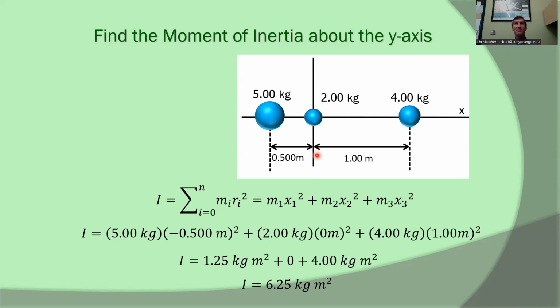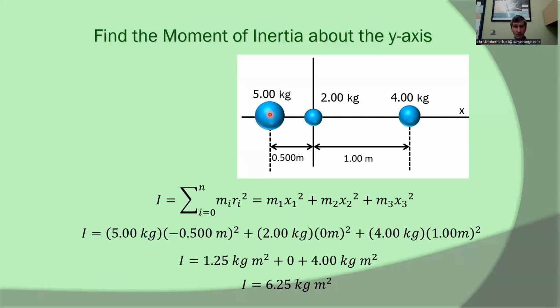Rotating objects like to rotate around the axis which has the lowest moment of inertia, because if I move that axis a little bit away, it's going to result in an unbalanced situation, if you will, and we'll see later on why that's so.